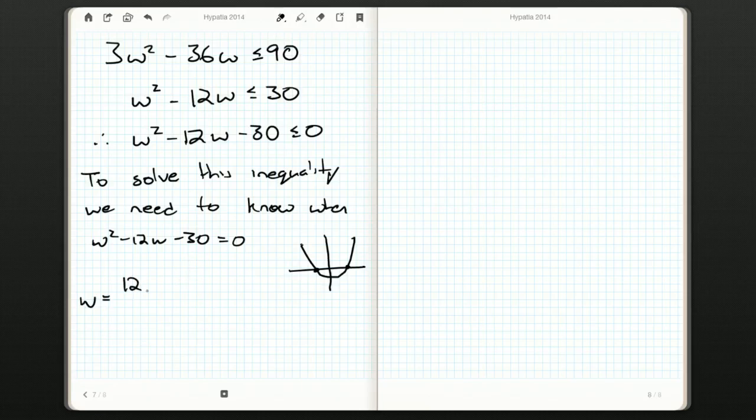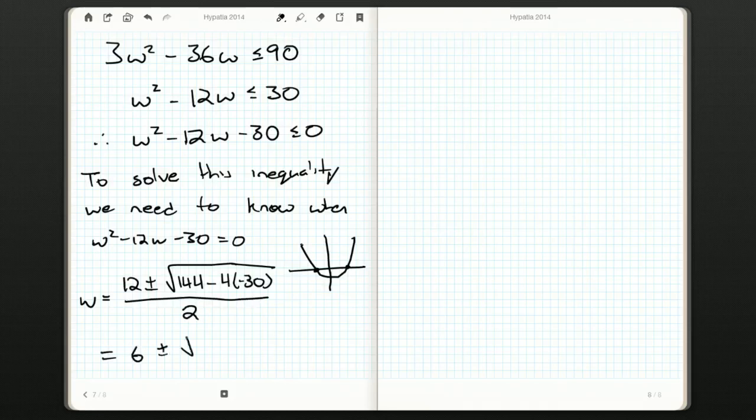So negative b plus or minus the square root of b squared minus 4ac, all over 2. So that's going to be 6 plus or minus, I can take a factor of 4 out of there. So divided by 2, we need a factor of 2 in this square root here.